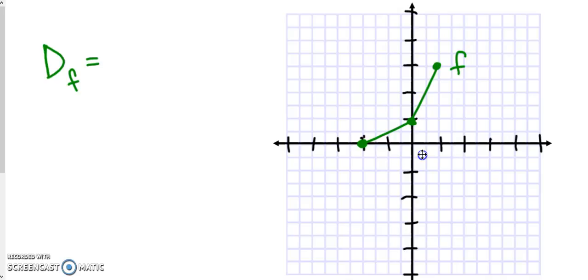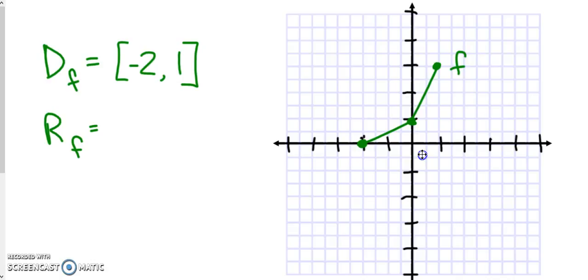So what's the domain of F? -2 to 1. We can do that as an interval, right? Brackets because the endpoints are closed. -2 is the leftmost point, 1 is the rightmost point, and everything in between.